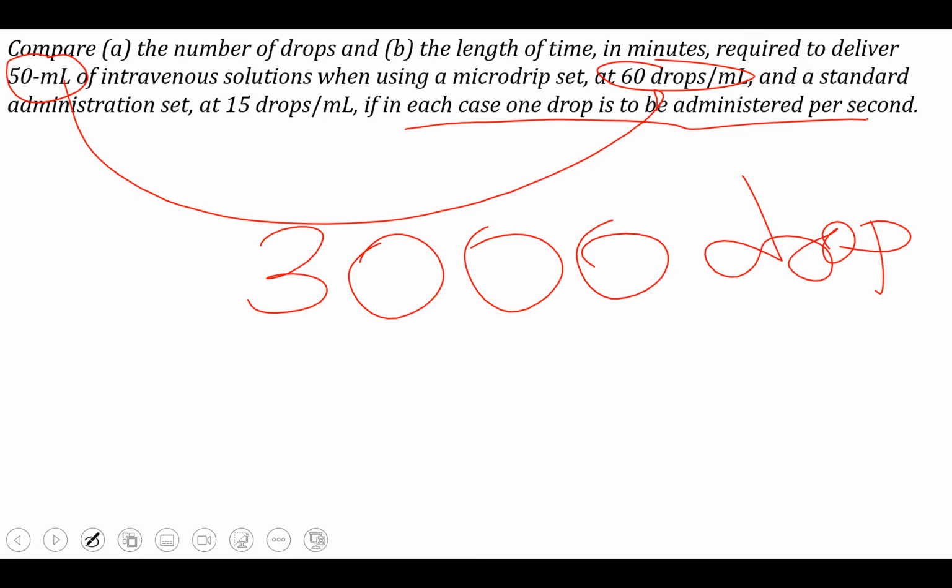This is why we calculate all this. Again, it is as simple a calculation as your miles per hour calculation. Make sure you do not lose points; just try, understand, and then I'm sure you'll be able to solve it. So here, 1 drop per second, 60 drops per minute, and that's how you end up calculating the total length of time in minutes.